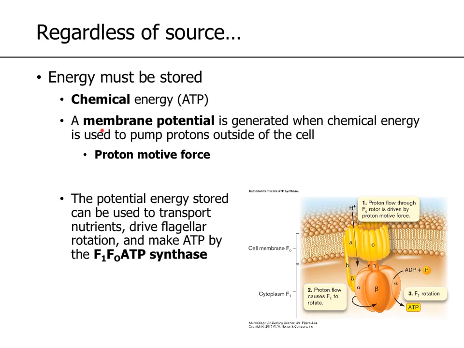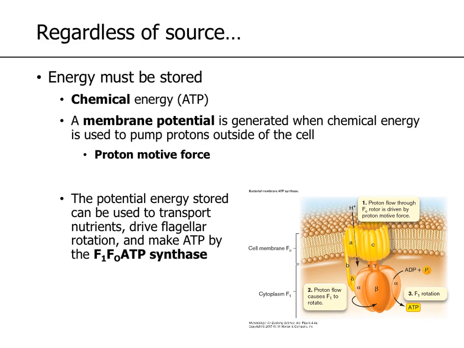The other thing is the membrane potential. So this, again, is generated when chemical energy is used to pump protons outside of the cell. So I've mentioned this term before, this proton motive force, which will come more into play later on in the class. But you can actually use this chemical energy from ATP to generate a proton motive force using this ATP synthase here.